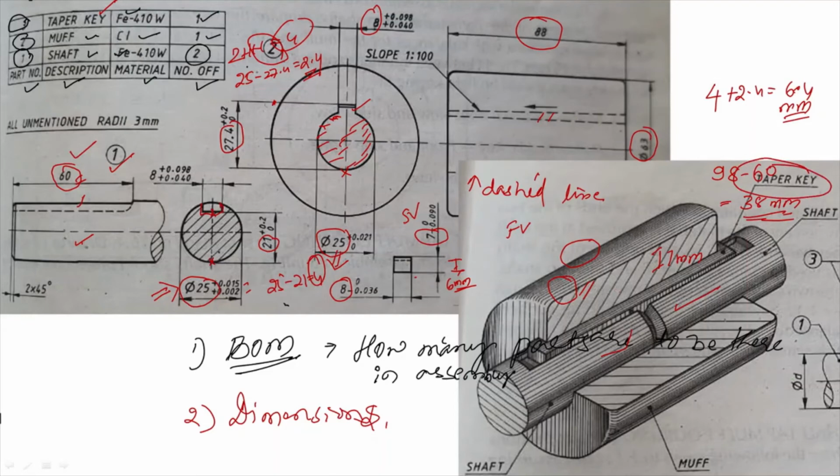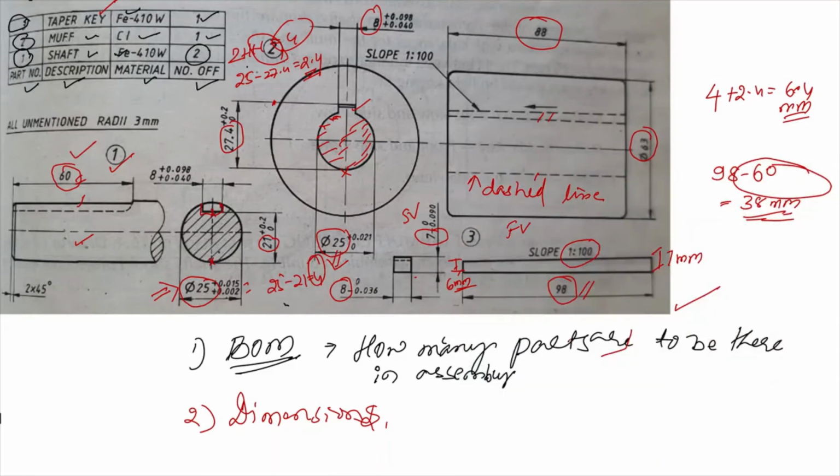If you consider the dimensions here, the muff length is 88 and the key length is 98.